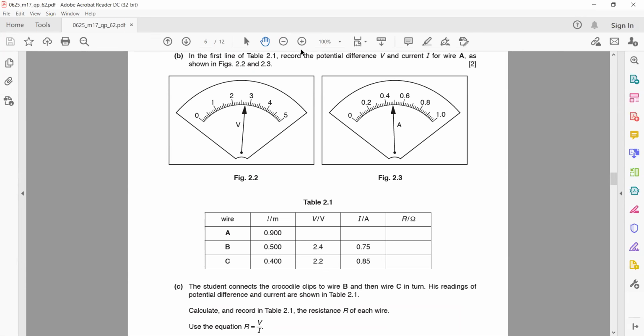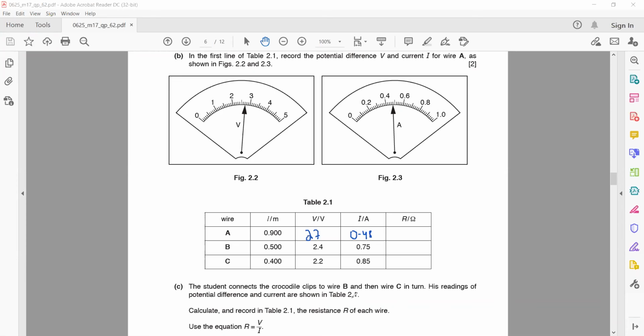And what about the current reading for the ammeter? Each line is 0.02, so it will be 0.48.